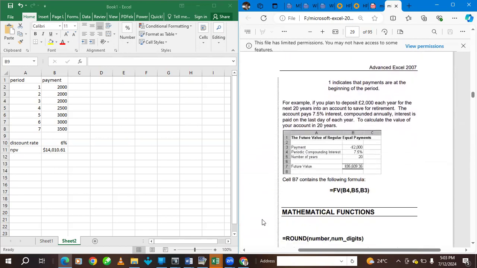So this FV function mostly plays a role in presenting the future value for a certain period of months. When you look at this case here, we have shown our payment, period of compounding interest, number of years. For example, when you have a bank account, they normally advise you to open a fixed account, and for a fixed account you normally ask for the interest. If you save this kind of money without withdrawing, how much money will you have at the end of that given period?